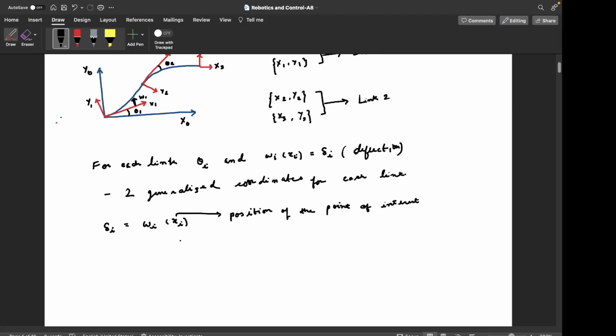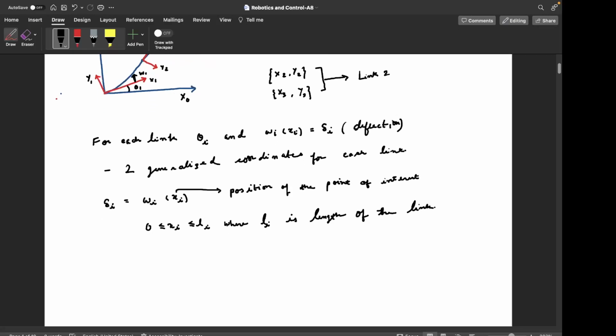The value of xi would vary from 0 to li, where li is the length of the link, right?